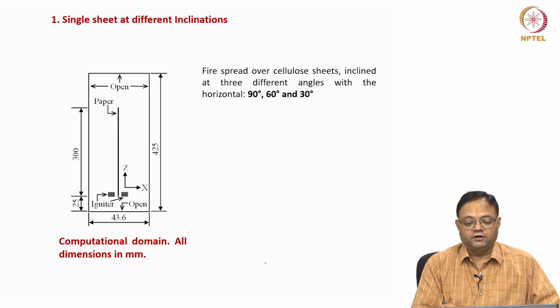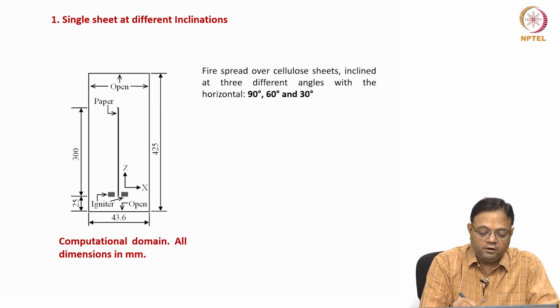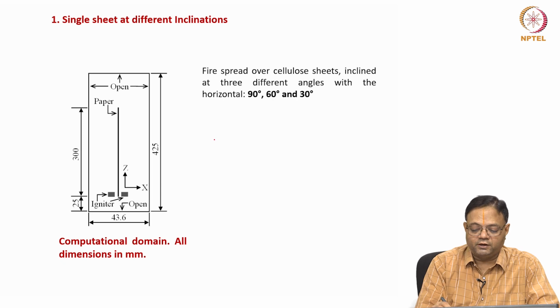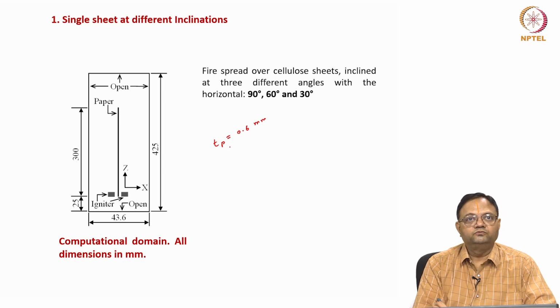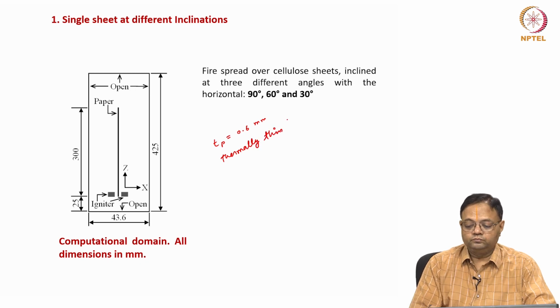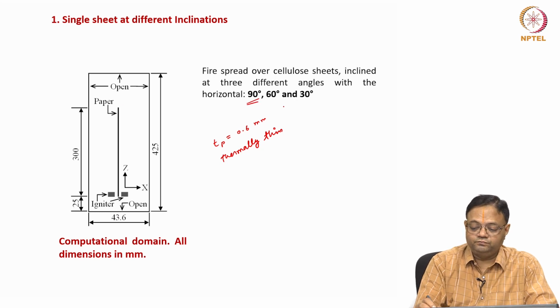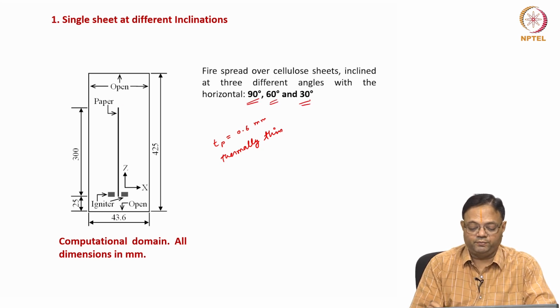So this is the first case study where you can see there is a paper sheet. The paper thickness TP is about 0.6 mm, so this is thermally thin. With respect to the horizontal, this sheet is kept at 90 degrees, that is vertical, and 60 degrees and 30 degrees respectively.